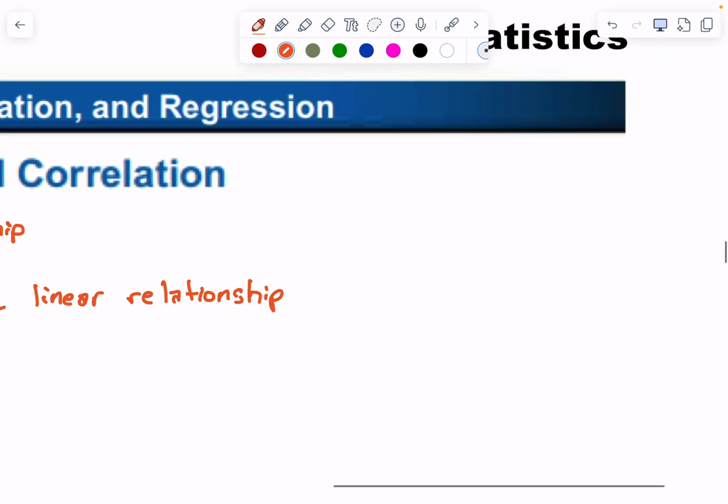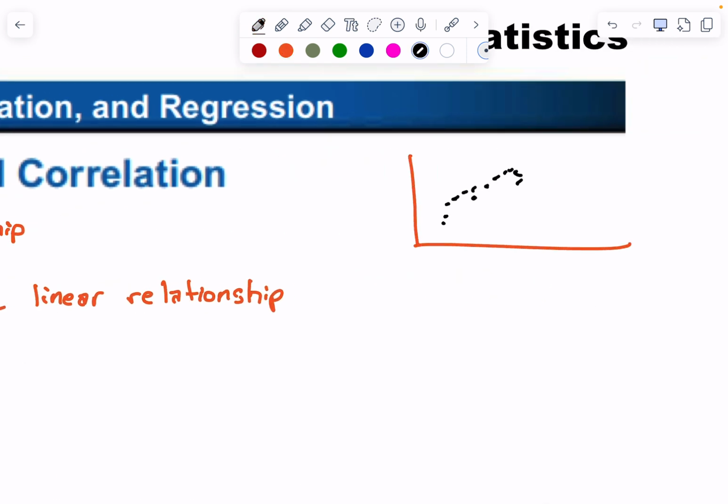For example, if I'm graphing two things and this type of thing happens, what kind of relationship is that? That's not linear. What does it look like? It looks like one of these, right? It's not necessarily a bell curve. It's a parabola, right? And a parabola is a quadratic.